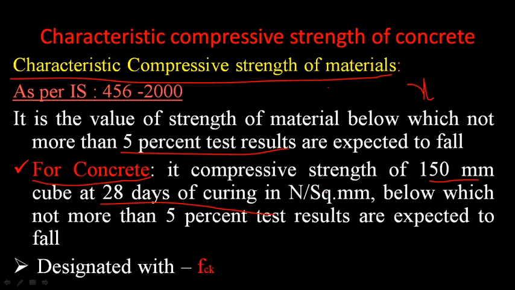Not more than 5% of those samples should fail. The strength of the remaining 95% passed samples will be considered the characteristic compressive strength of a concrete. Generally, it is designated with the letter FCK, the characteristic compressive strength of concrete.